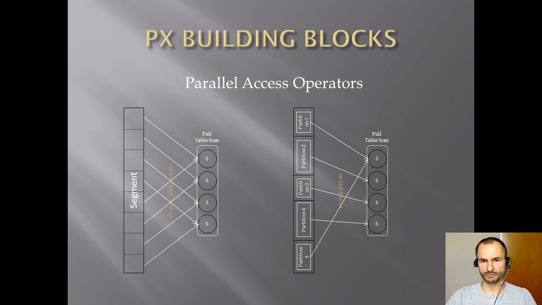So one of these slaves might work on a much larger partition than the other parallel slaves, and so it might take much longer for it to complete, while the others are already done with the smaller partitions, and then basically the operation has to wait until this last parallel slave is done with processing that larger partition.